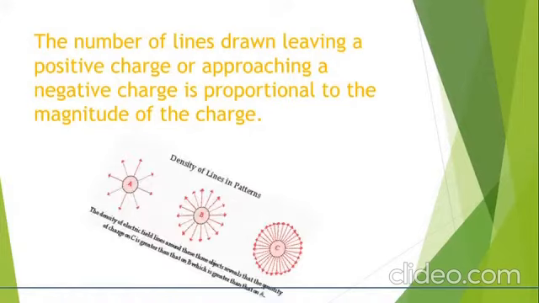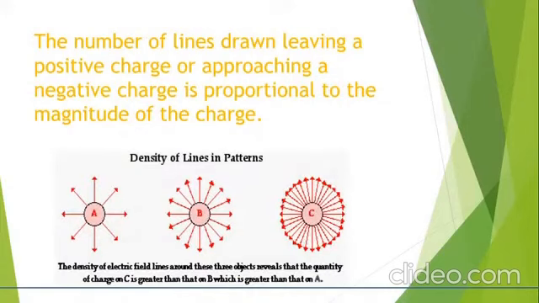As we can see in this figure, the density of the electric field lines around these three objects reveals that the quantity of charge on C is greater than that on B, which is greater than that on A. Also, we can read it as the charge on A is smaller than that on B, which is smaller than that on C.